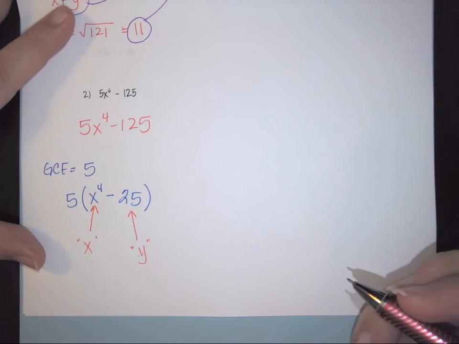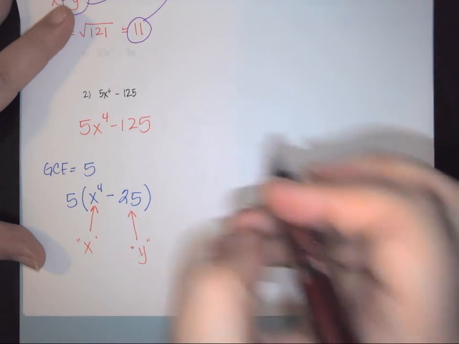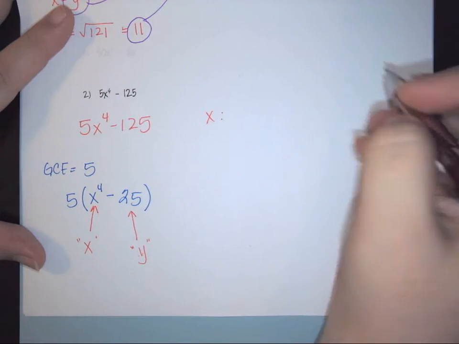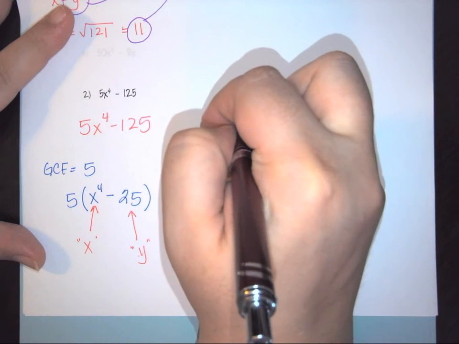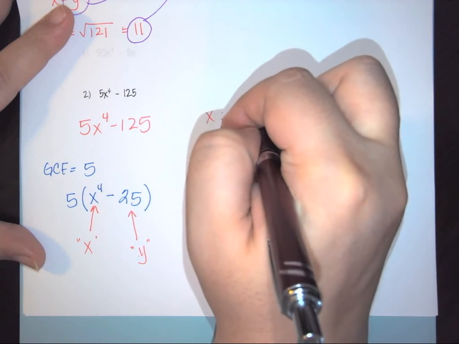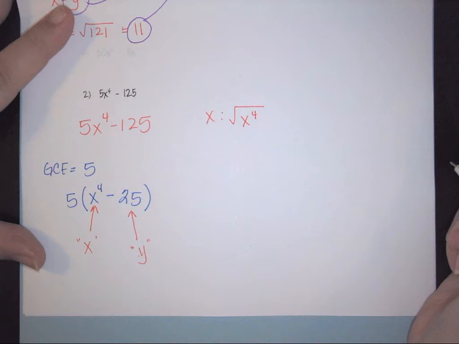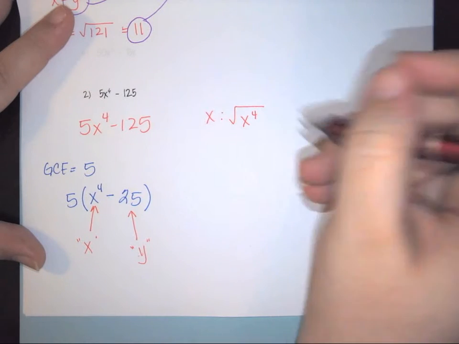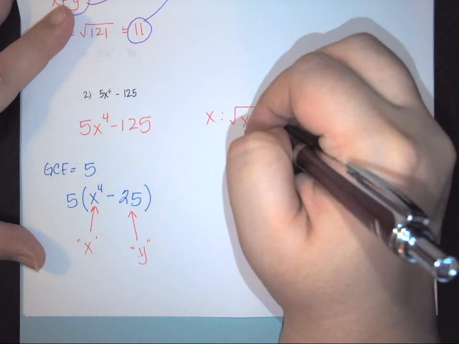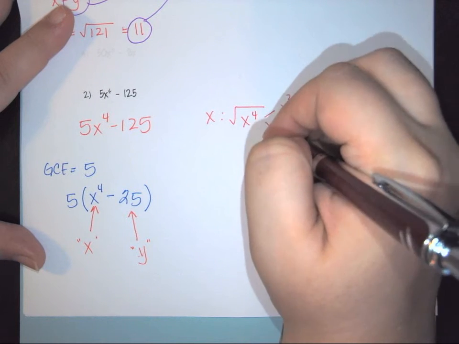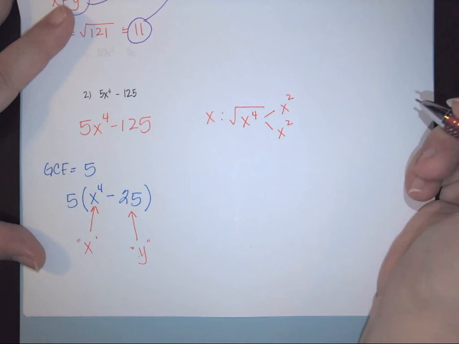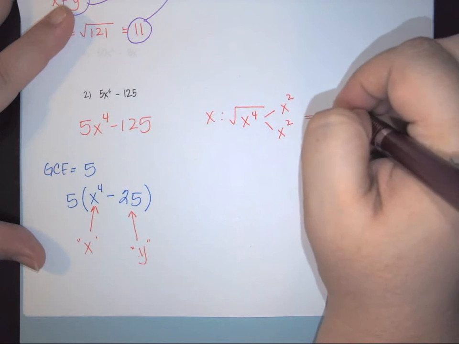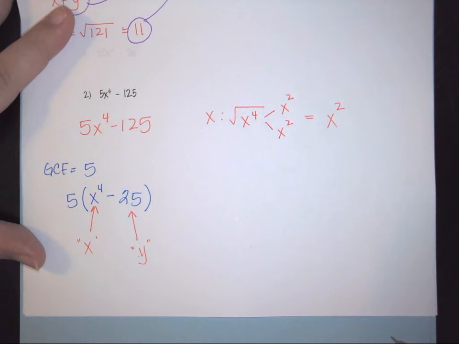So just like before, in order to find my x value, I have to take the square root of x to the fourth. Well, when we break down x to the fourth, we know it can break down into x squared and x squared. So this tells me that I have x squared as my first part.